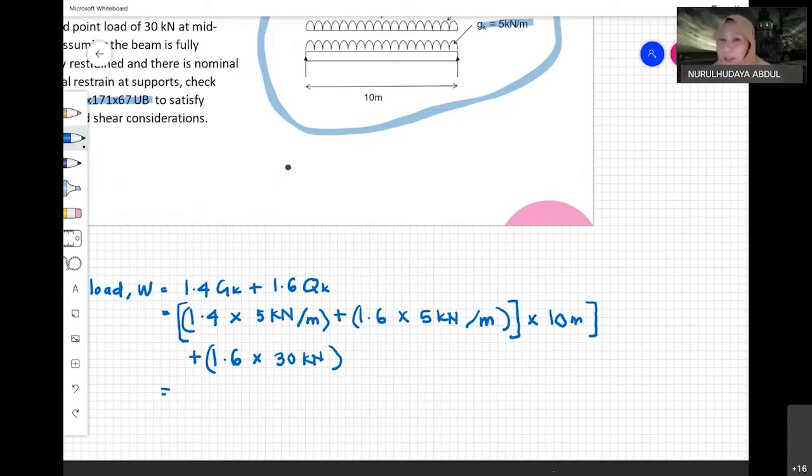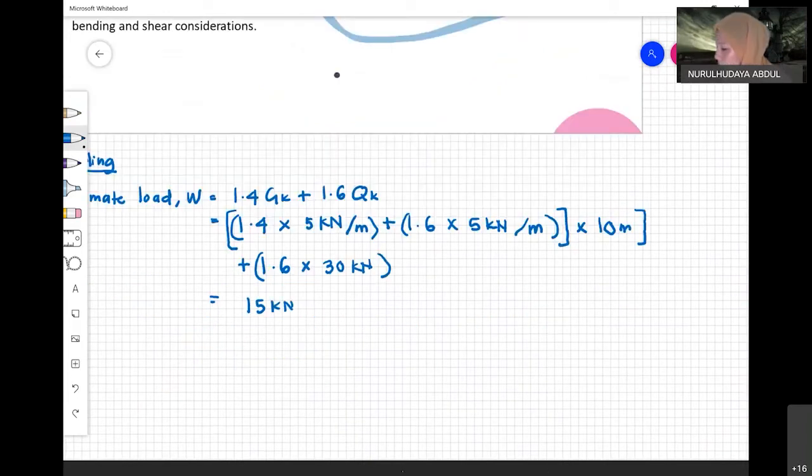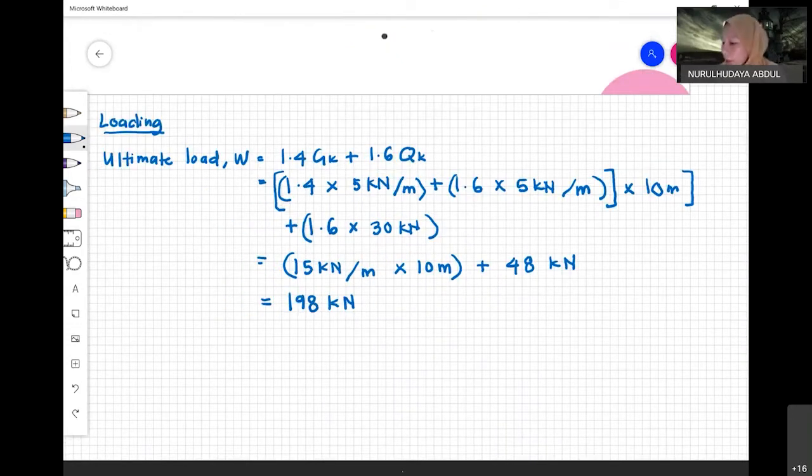Macam example number 1 yang saya ajar sebelum ni, saya akan kira separately, saya tak kira sekaligus lah. Kilonewton per meter darab 10 meter, okay, and plus with 48 kilonewton. So this is the ultimate load.